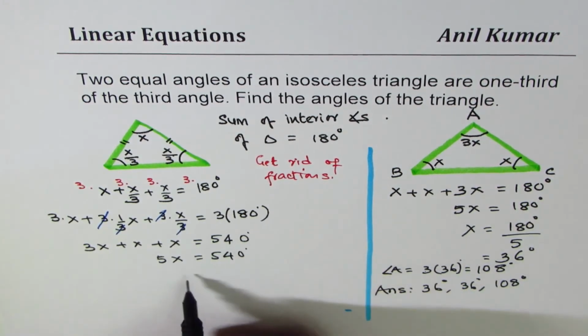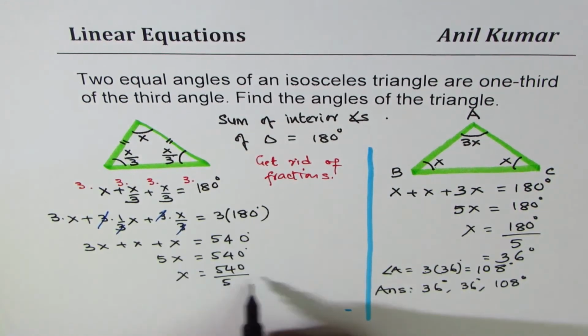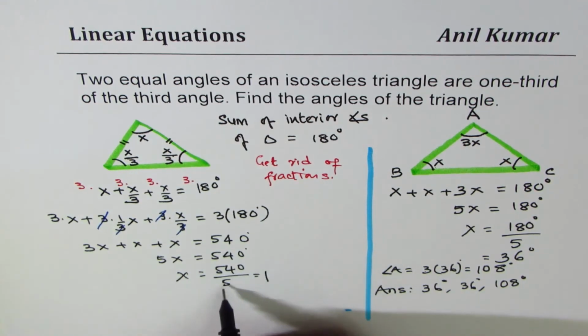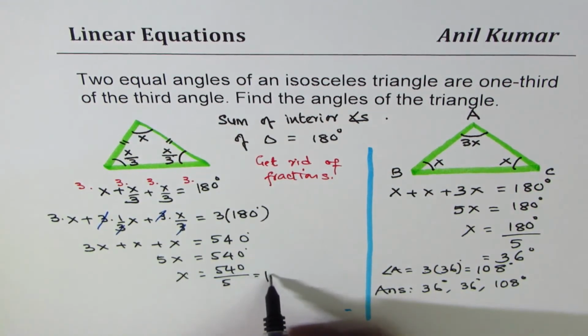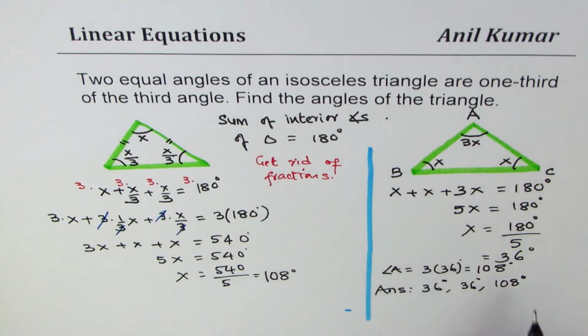This also degrees. x is equal to 540 divided by 5, and that gives you how much? 5 times 1 is 5, then 4 means 0. When you divide, you get 108 degrees. So this angle, again, it came to the same 108 degrees, right?